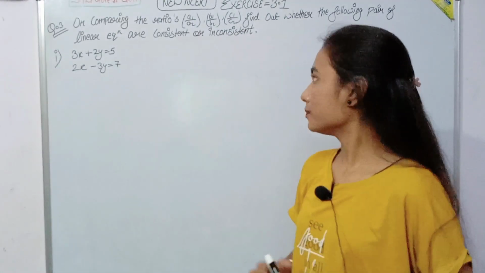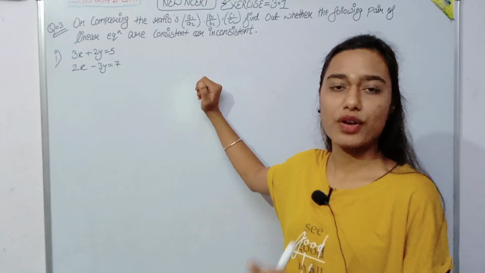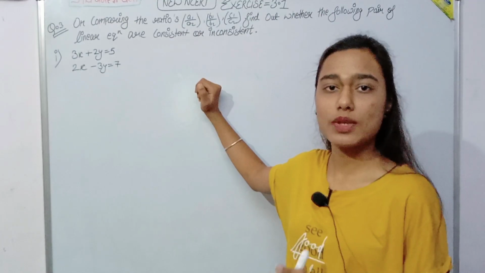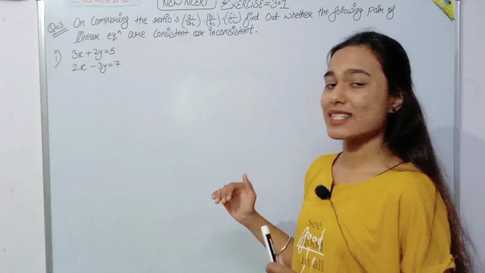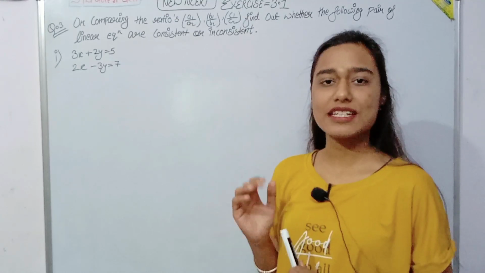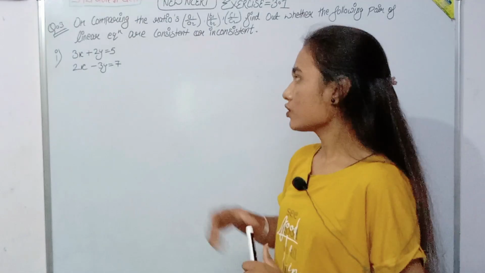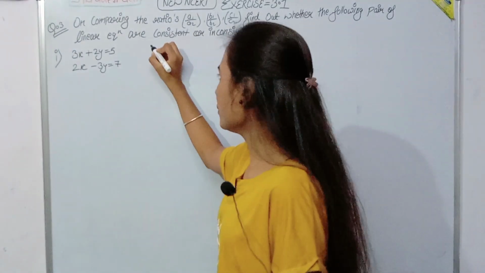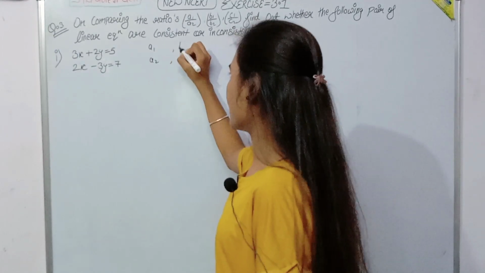Okay, so a1 upon a2. What is a1 upon a2? As we discussed in the introductory part, a1 upon a2 is the coefficient of x, b1 upon b2 is the coefficient of y, and c1 upon c2 is the coefficient of the constant term. Now solve this equation with the help of a1 upon a2, b1 upon b2 and c1 upon c2.